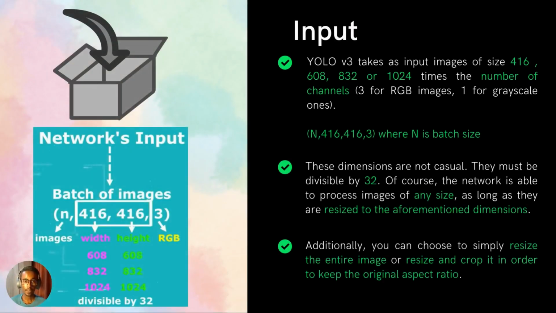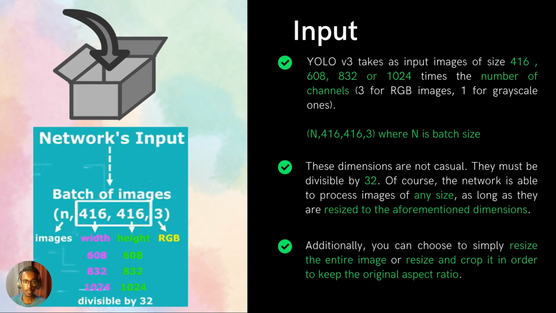Now that we have seen the introduction to the YOLO version 3 paper, let's consider the inputs to the YOLO model. So YOLOv3 takes input images of size 416, 608, 832, and 1024, multiplied by the number of channels.